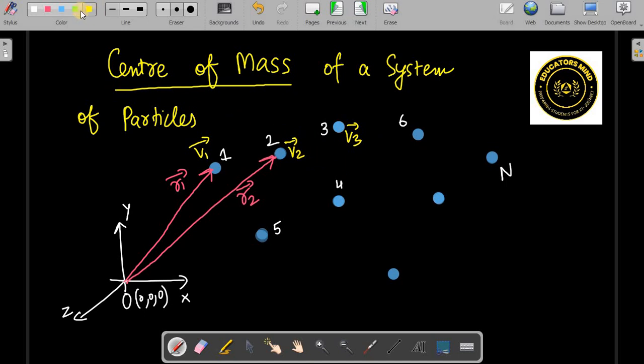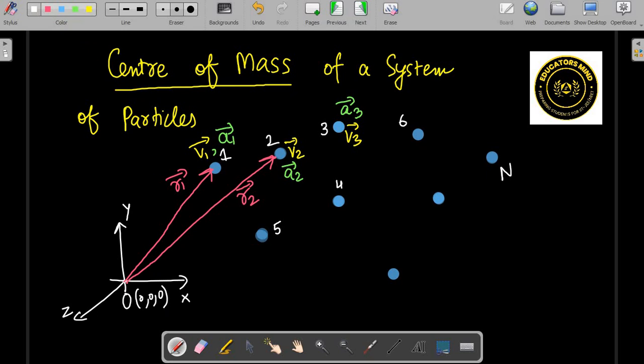Similarly, they will have some acceleration: a1 vector, a2 vector, a3 vector, and so on. So each of the particles can have its own independent kinematics.